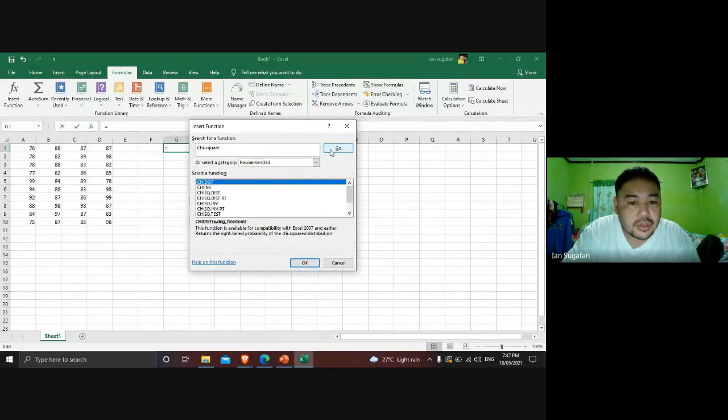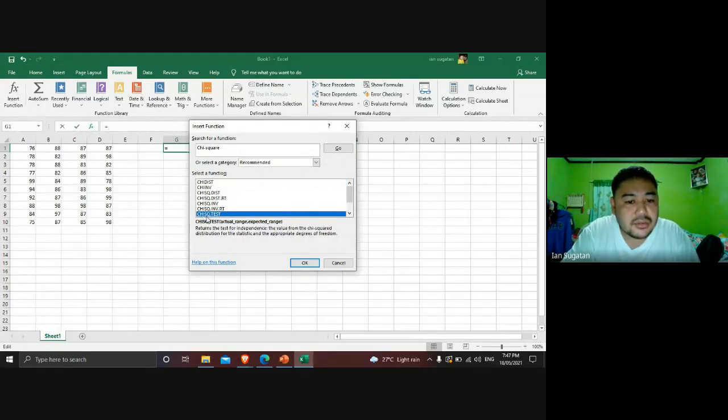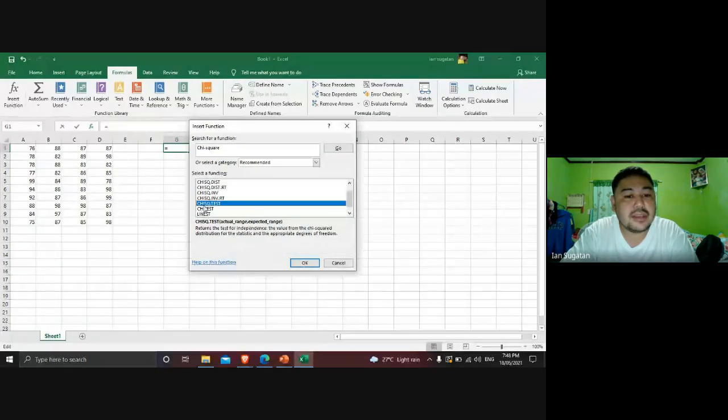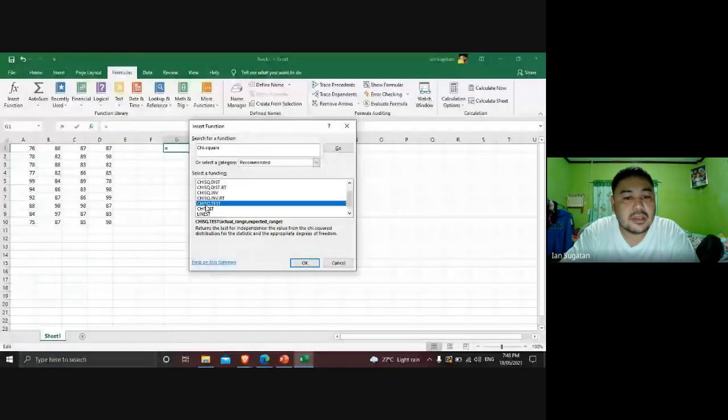You'll see chi-sq.test or chi-sq.dist, the chi-square distribution of statistics and degrees of freedom.